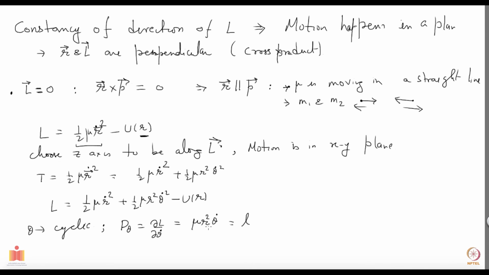Let me just write here that this implies that theta dot is equal to L over mu r square. So I have solved, not really, because r is still present there, but anyway I have such a relation now.